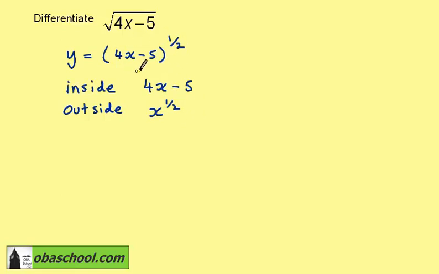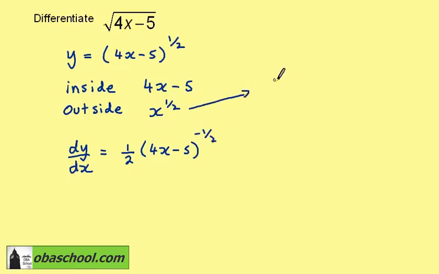If we differentiate this, treating the inside function as if it is just x, then we get a half times 4x minus 5 to the minus a half. Remember, x to the half would become a half x to the minus a half, so we're treating the bracket as if it is just x.